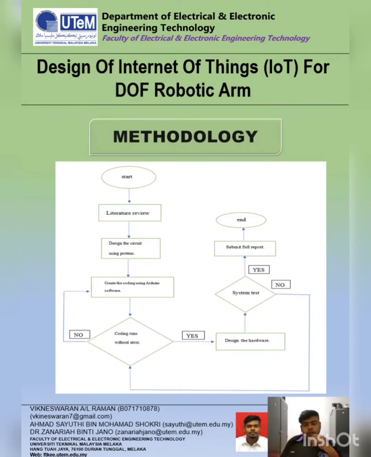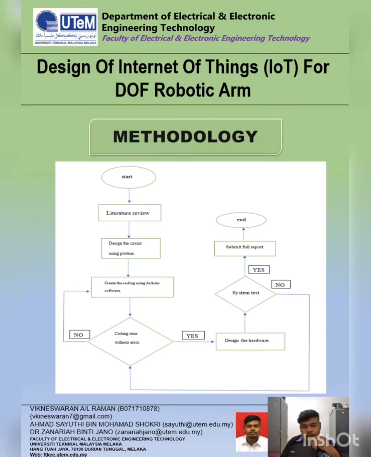I will now present the methodology. This is the flowchart of the project. First, start, then literature review, design the circuit using Proteus, create the coding using the Arduino IDE software, and run the coding without errors.